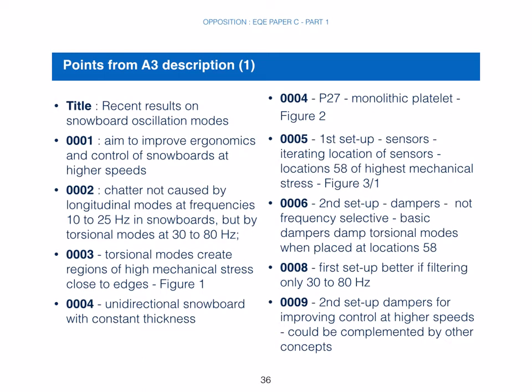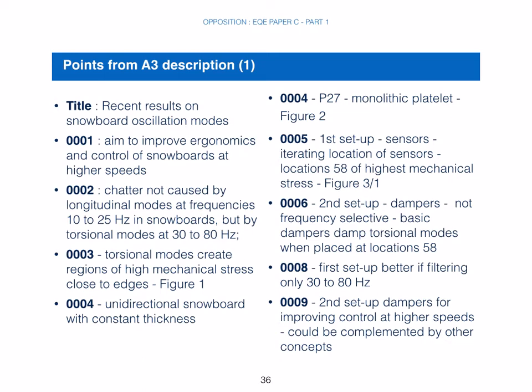Paragraph 2 says that chatter is not caused by longitudinal modes at frequencies of 10 to 25 Hz in snowboards, but by torsional modes at 30 to 80 Hz. That is one of the claimed ranges. Paragraph 3 says that torsional modes create regions of high mechanical stress close to the edges, see figure 1, which we guessed from figure 1.